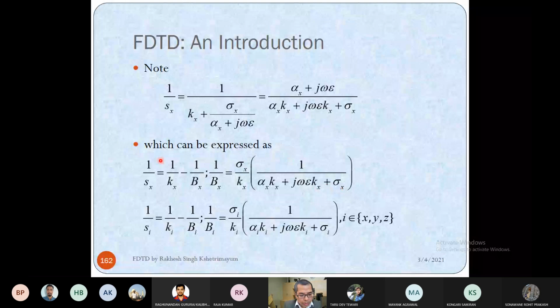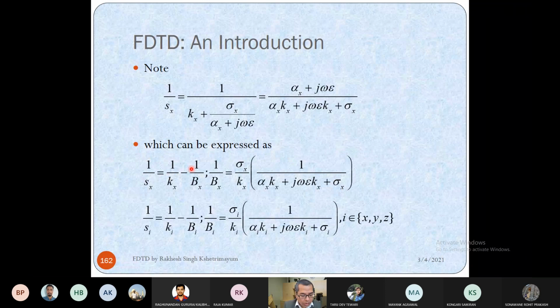So we have expressed 1 by sx in the form 1 by kx minus 1 by bx, where 1 by bx is like this. Similarly, you can do it for 1 by sy, which can be expressed as 1 by ky minus 1 by by, and 1 by sz can also be expressed as 1 by kz minus 1 by bz. So in a very compact form, I can write this 1 by si, where i is going from x.